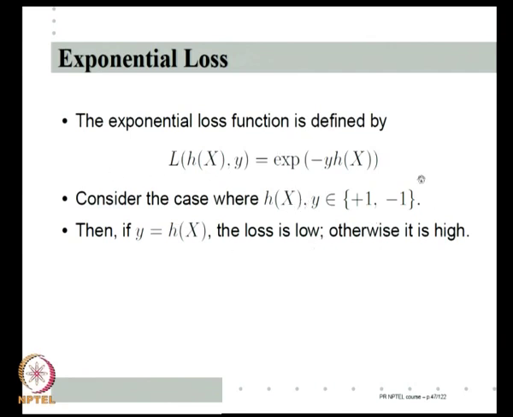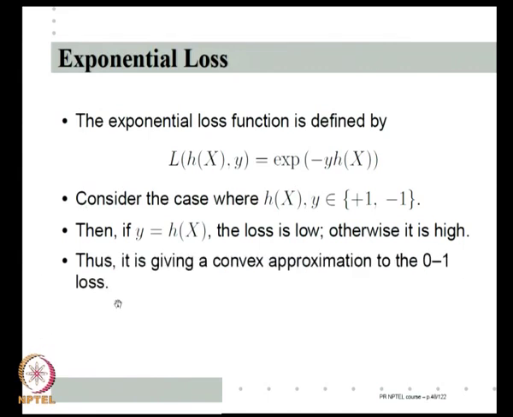The same conclusion holds even if h(x) takes real values, because as long as y and h(x) have the same sign, it will be exp(-something), and whenever they have opposite signs, exp(+something). So between correct and incorrect classification there is a lot of difference, and in that sense it is essentially like a 0-1 loss function, but unlike the 0-1 loss, it gives me a convex loss function. It is a convex function of y h(x).